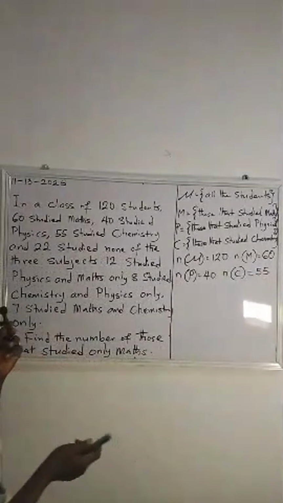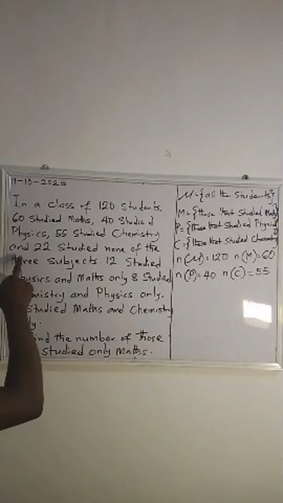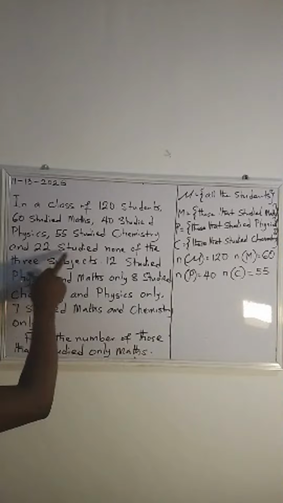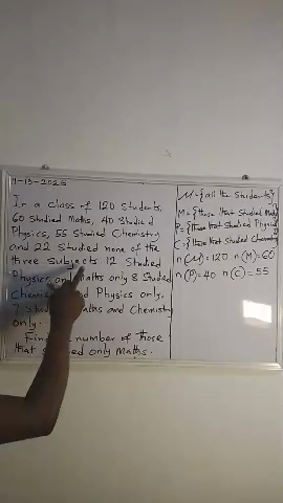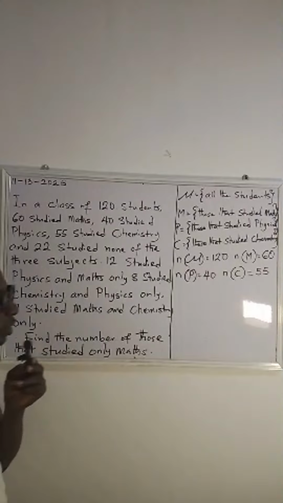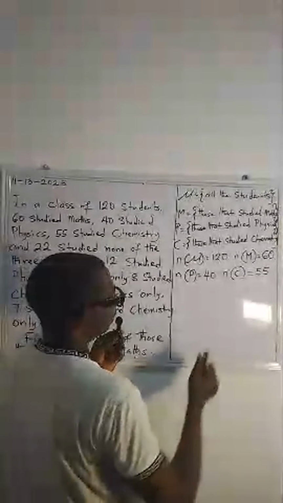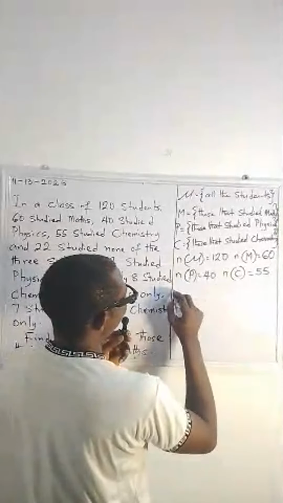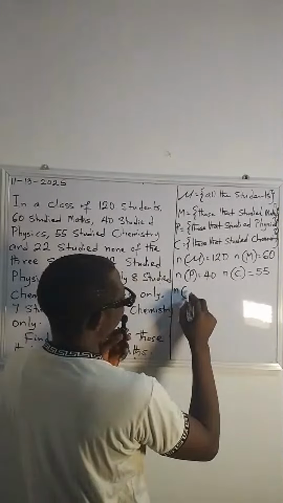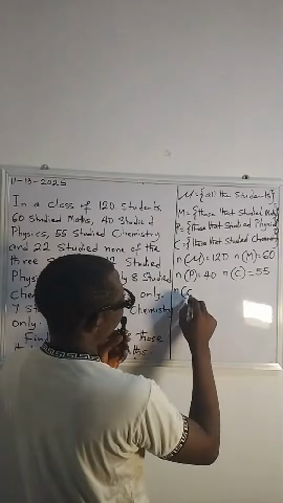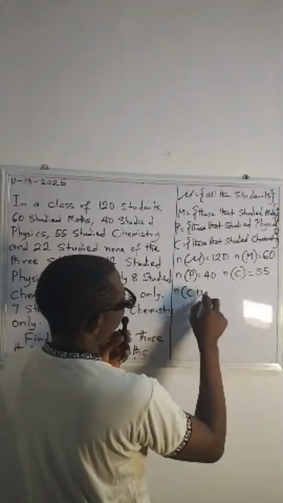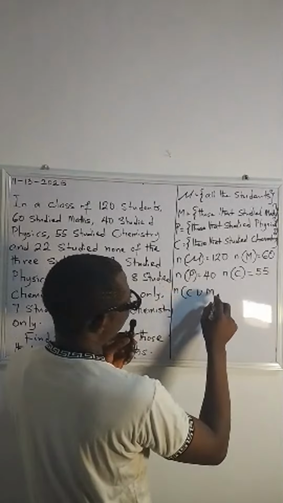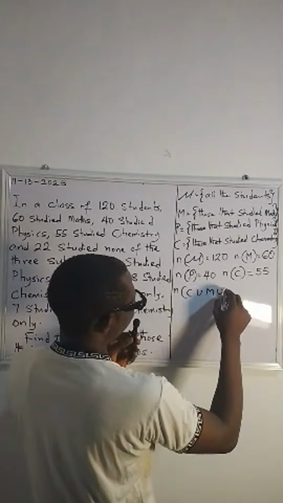Okay, now we have, and 22 study none of the three subjects. That is neither maths, nor physics, nor chemistry. So we have the number of those that study none of chemistry or mathematics or physics.